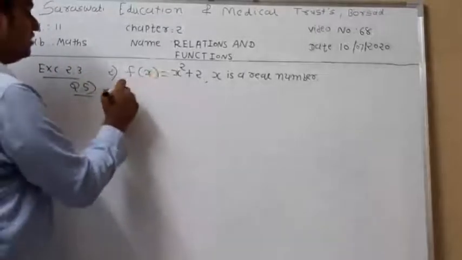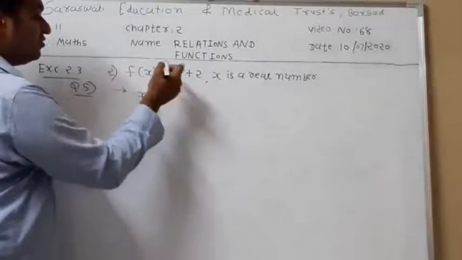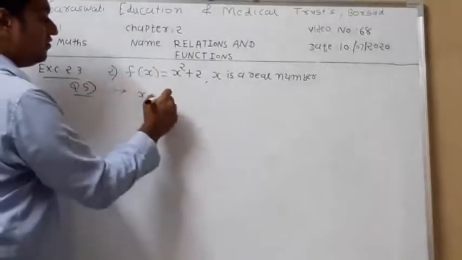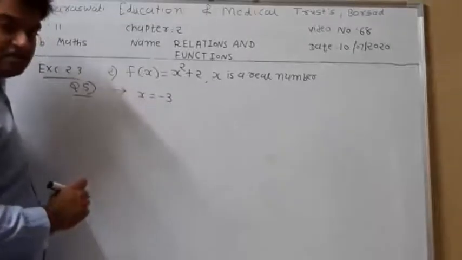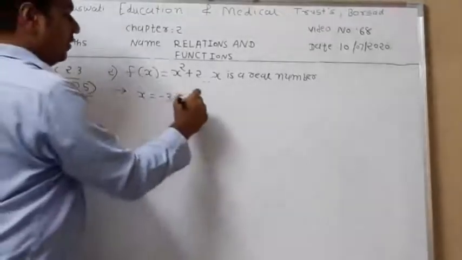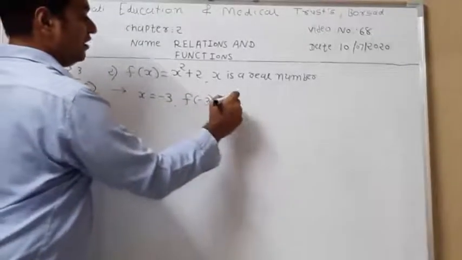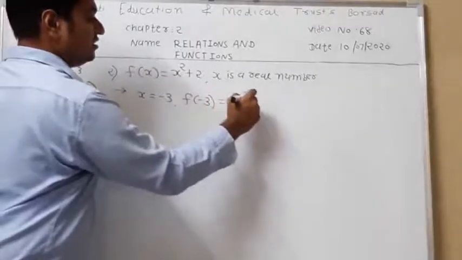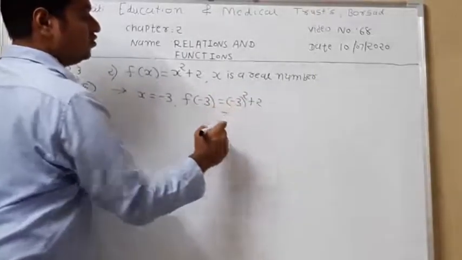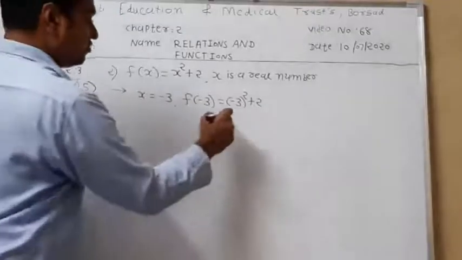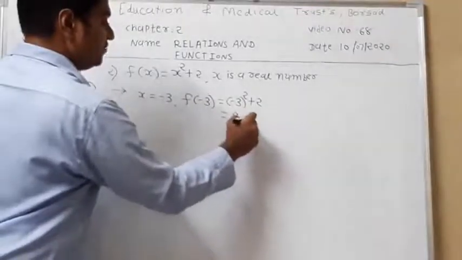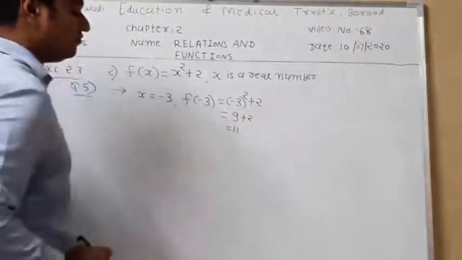Suppose we consider minus 3. Now f of minus 3 is equal to minus 3 whole square plus 2. Minus 3 whole square means 9, 9 plus 2, that means 11.